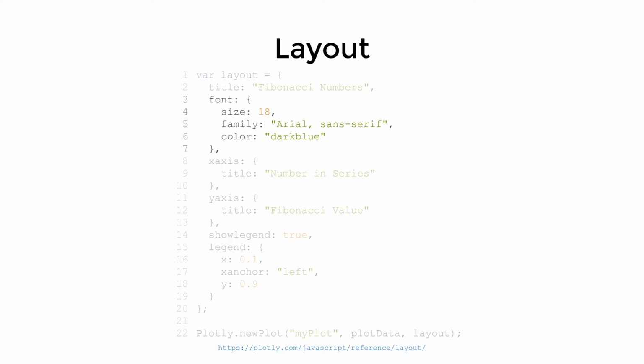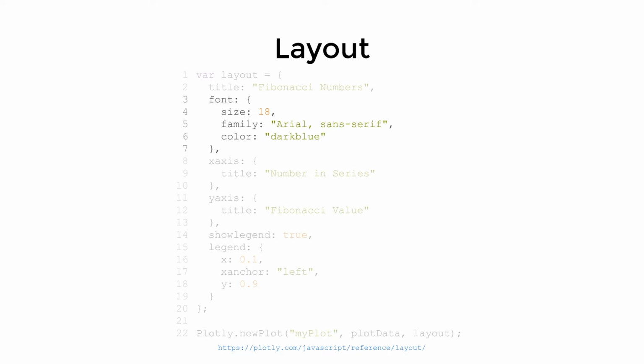So this will change the overall font of your entire plot, and we can change individual sub-properties of that font property like size, font family, and the color of that font. These values are equivalent to the CSS values you would use for changing those same properties.